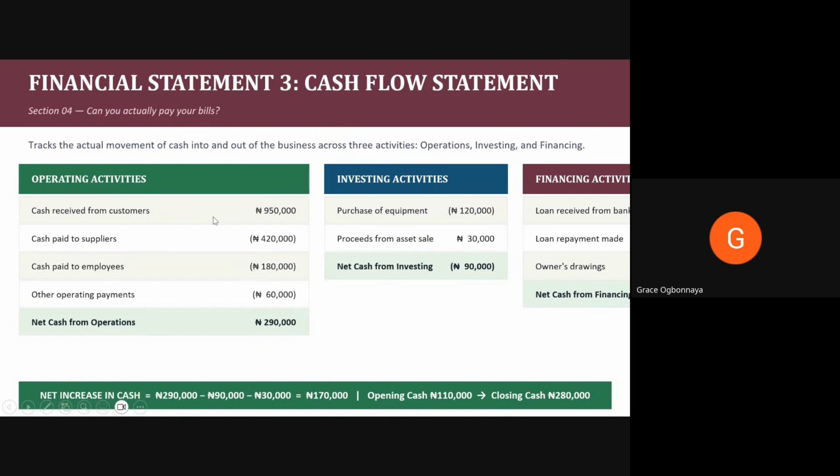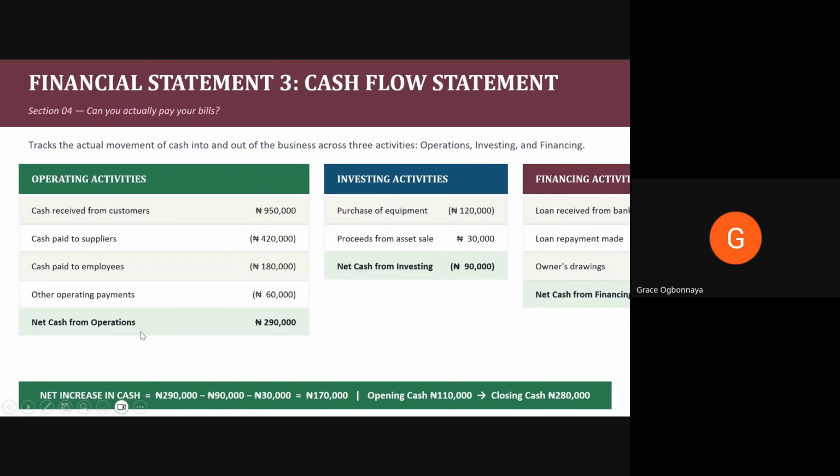So cash received from a customer, cash paid to a supplier, cash paid to employees. You can see there's no credit here, but on the income statement you can see accrual, profit that has been earned but not received can be recorded there. But here, it's just cash you receive from your customer, cash you paid to your supplier, cash you paid to employees, and other operating payments.